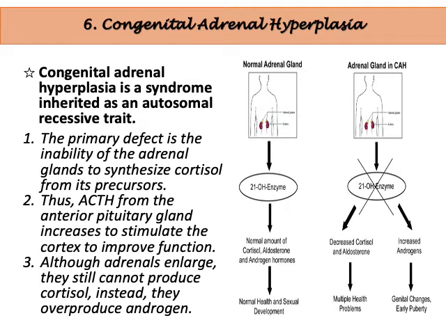Congenital adrenal hyperplasia is a syndrome inherited as an autosomal recessive trait. The primary defect is the inability of the adrenal gland to synthesize cortisol. Cortisol is the primary glucocorticoid secreted by our adrenal cortex. Therefore, ACTH from the anterior pituitary gland increases to stimulate the cortex to function.